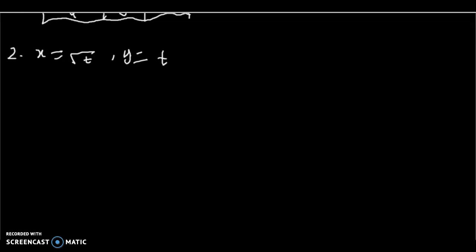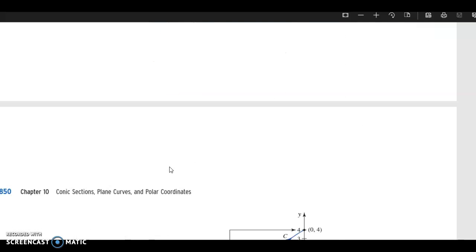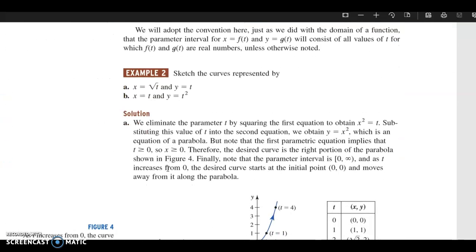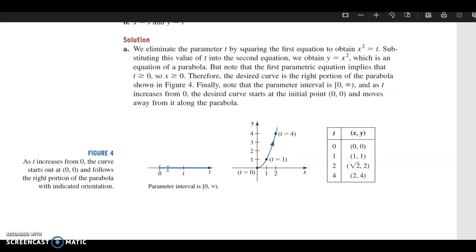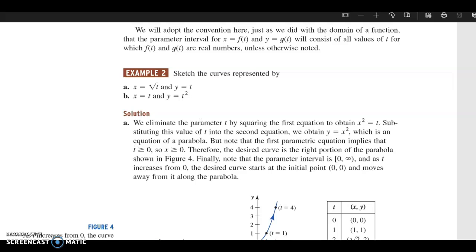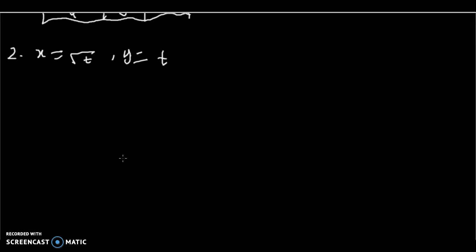This is the question. Here t is not given.